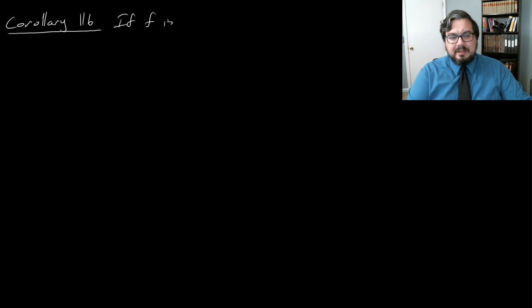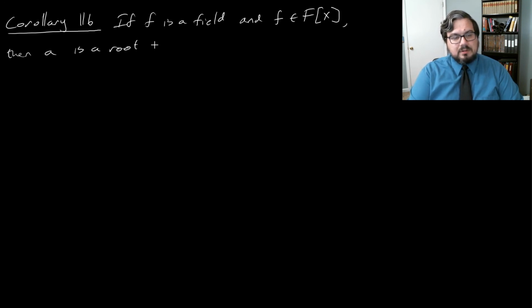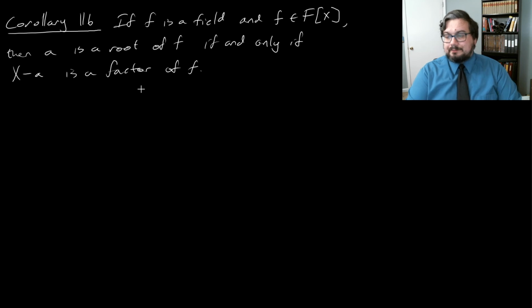If F is a field and little f belongs to the polynomial ring over that field, then a is a root of f if and only if x minus a is a factor of f.